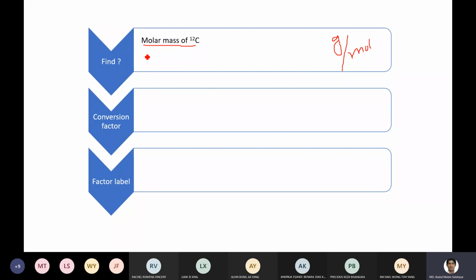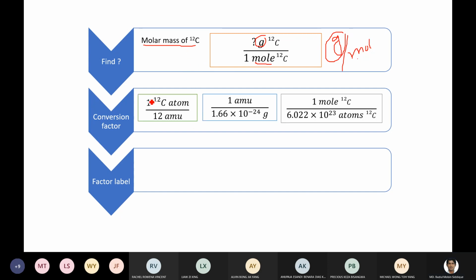And since we need gram, this gram should be in the numerator, on top. The denominator is the mole, of course. That is, a gram of carbon 12 is how many moles, or 1 mole is how many grams.